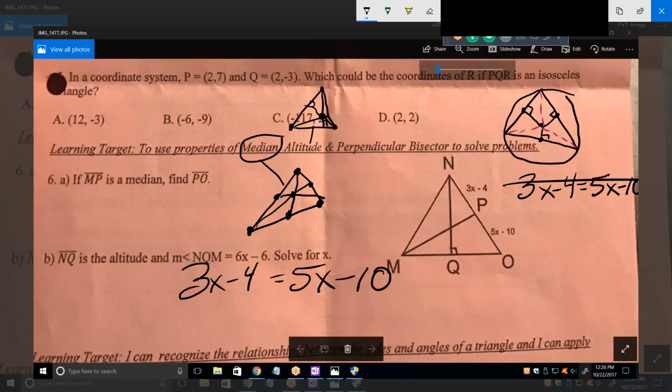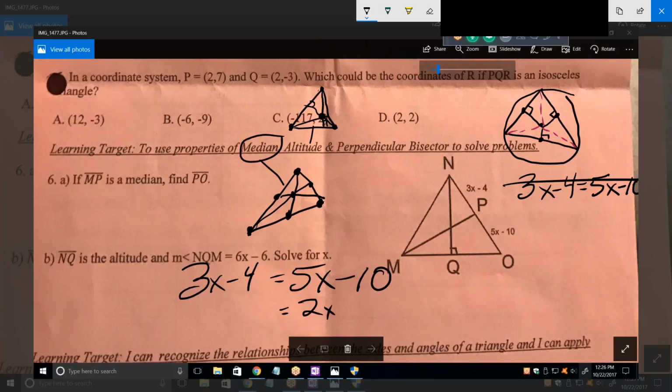Now, 2x. If I'm putting my variables on the left, it's going to be minus 2x. If I'm putting my variables on the right, it's going to be positive 2x. Which side do I want to put them on? Positive side. The right. So I'm going to subtract 3x from both sides, and that's going to leave a 2x over there. And then I'm going to move my numbers to the left. So what happens when I move my 10 over?